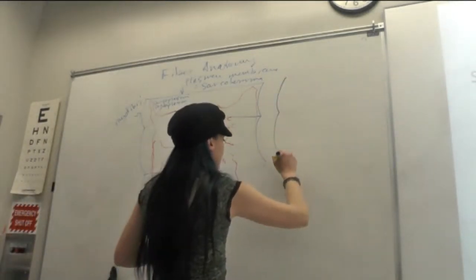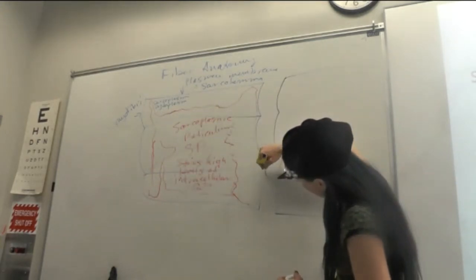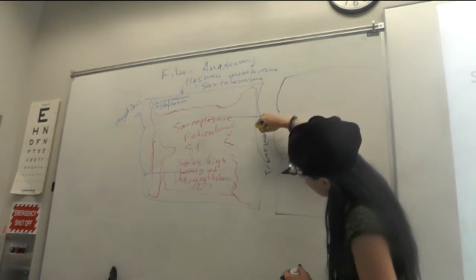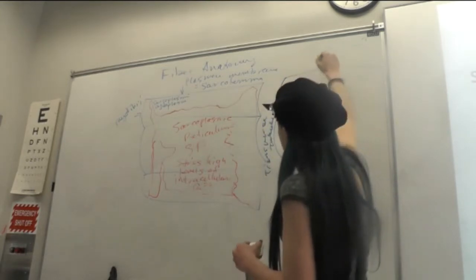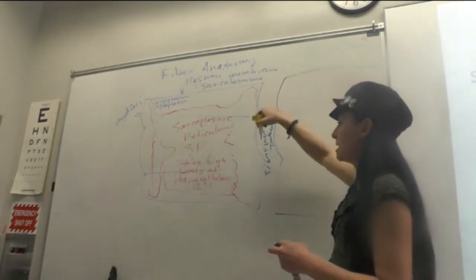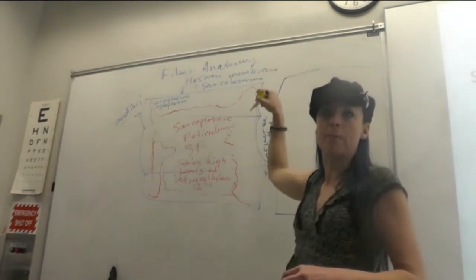And my last modified organelle is this thing called a T-tubule, or a transverse tubule. And what it is, is this extension of the plasma membrane that goes down in and surrounds my myofibrils.